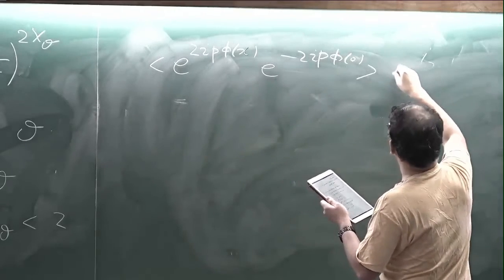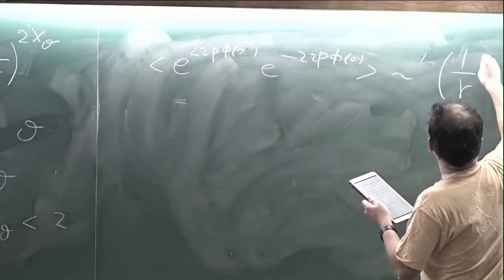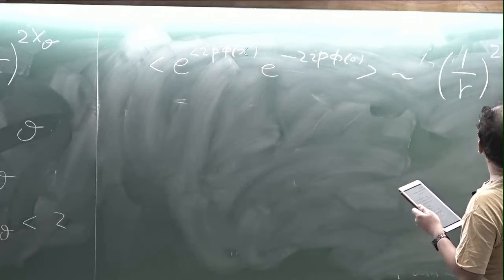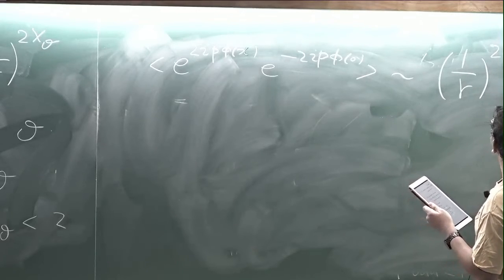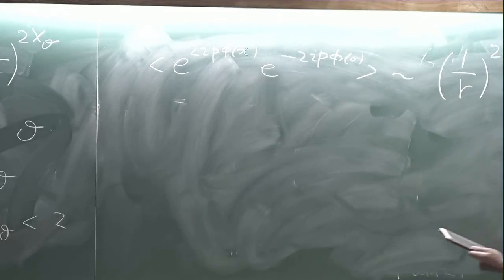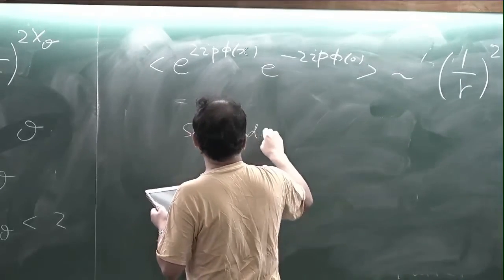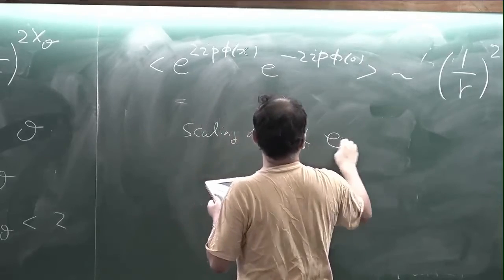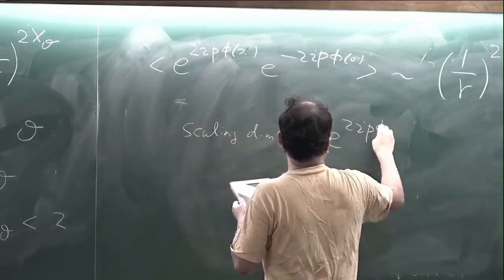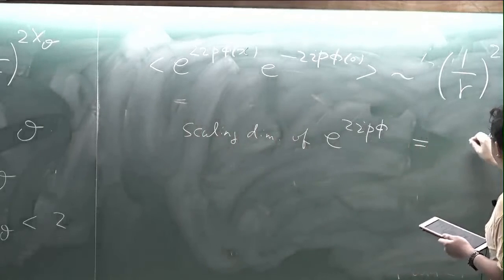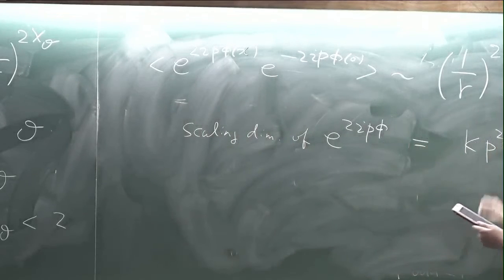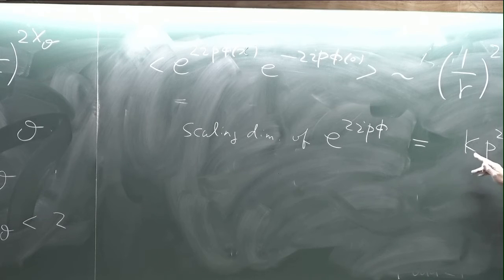And this you can compute, and it goes as 1 over r to the power of 2Kp^2. So if you compare these two, then the scaling dimension of e^{2ipφ} is Kp^2. And so the question is whether this is relevant or not. And it does depend on K.